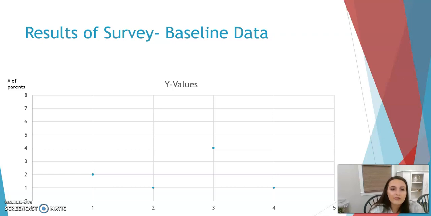Okay, so results of the survey from the baseline data, it said that 2 parents felt not very involved, which would be 1, and then very little involved would be 1 parent, and then there were 4 parents who checked a 3, they feel somewhat involved. And then there was one parent who felt frequently involved, which was a 4, and none of them felt extremely involved.